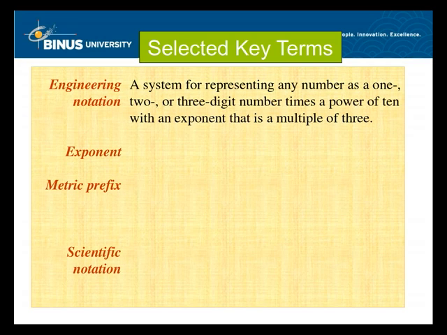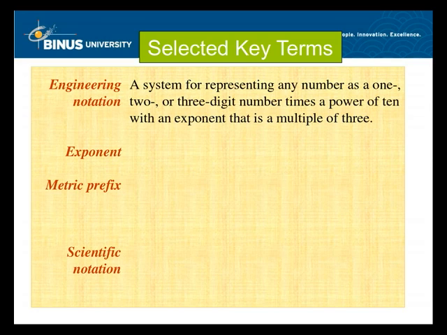It's a system for representing any number as a 1, 2, or 3-digit number times a power of 10 with an exponent that is a multiple of 3. So there you go, these are the definitions or descriptions of what an engineering notation is.